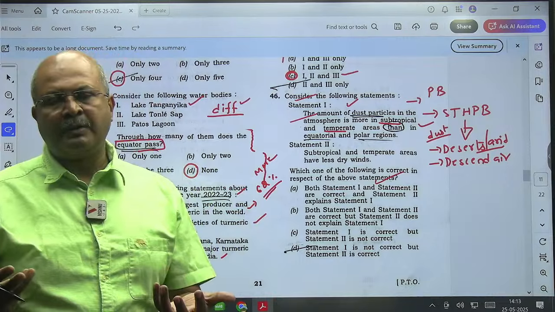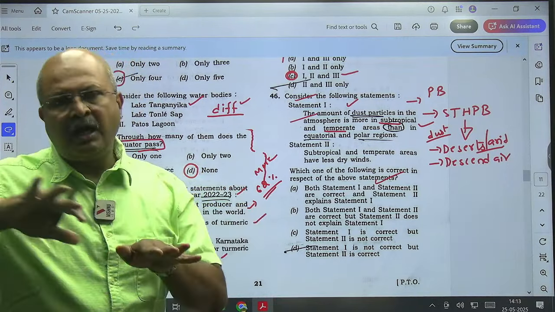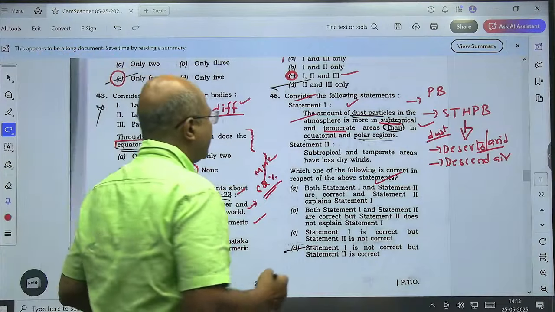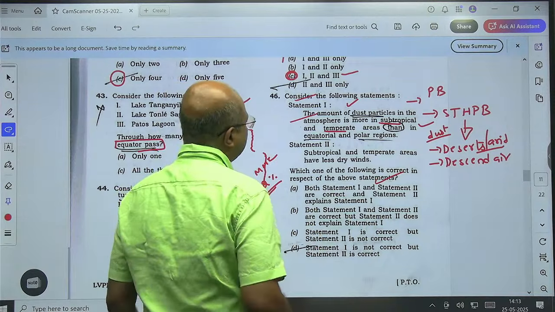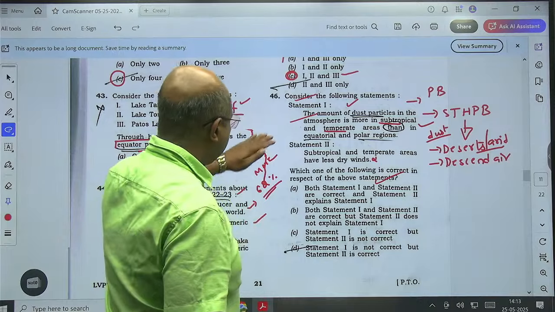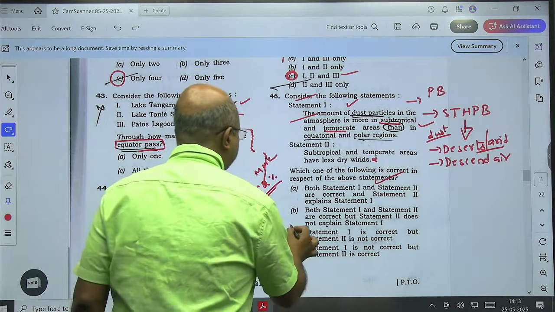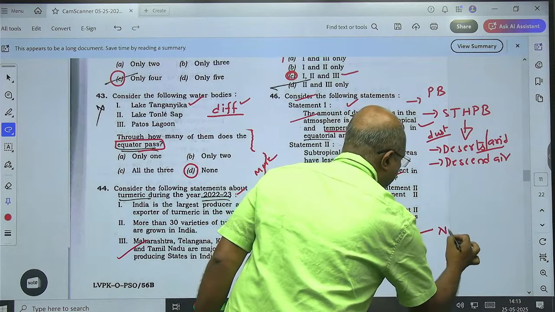In the subtropical high pressure belts, on the western side you will find the deserts. They are the dry areas. So here we find more dry winds rather than less. So statement 2 is a wrong statement. Hence statement 1 is correct, but statement 2 is incorrect. A very simple one. This is from your NCERT.